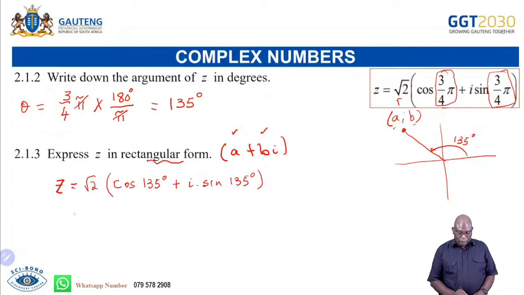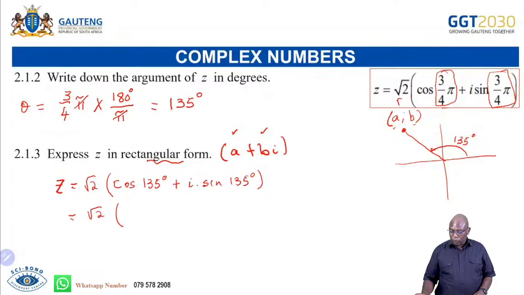Okay, so in this case, nobody said you must not use a calculator. There's no way that they say don't use a calculator. So we go straight to our calculator. We calculate the cos of 135. I prefer writing this as a fraction than as decimals.